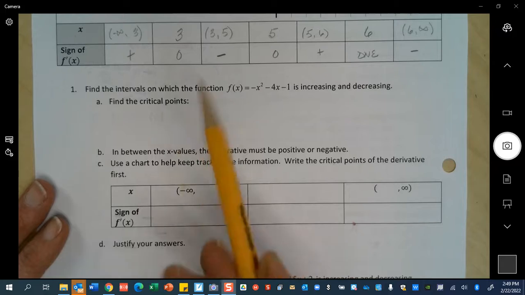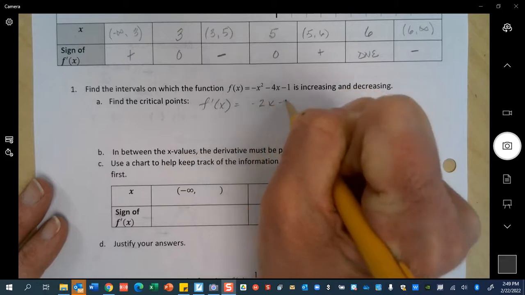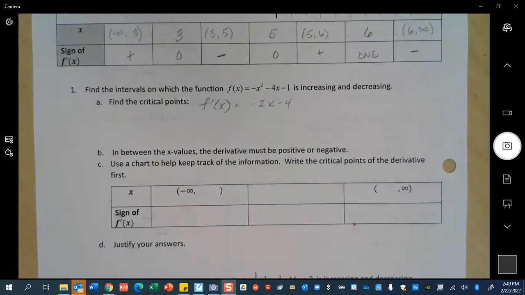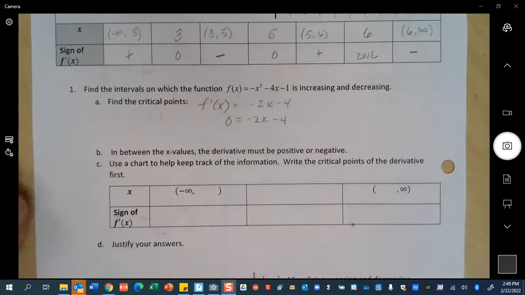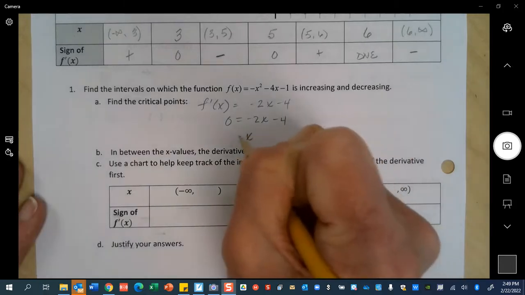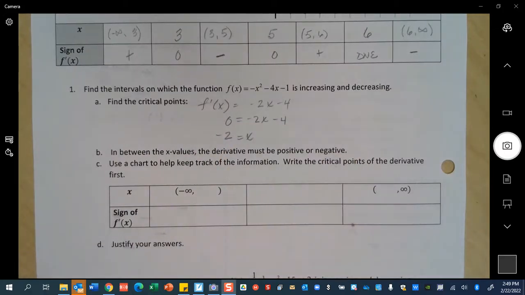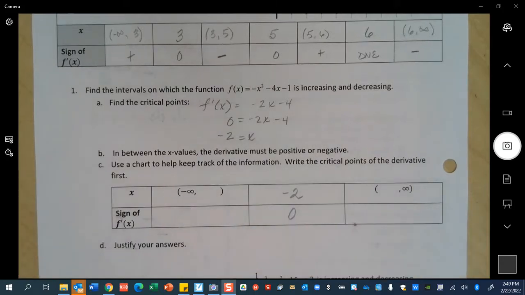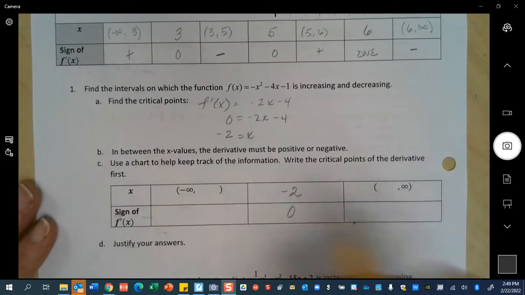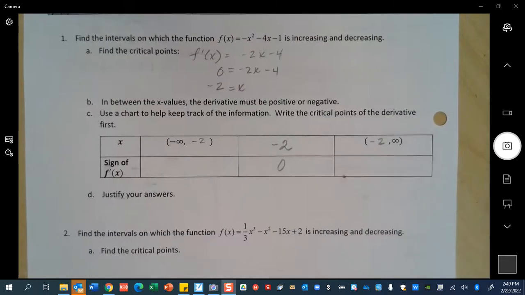When I find my critical points, my first step is to take the derivative, set that derivative equal to 0, and then solve for x. So at x equals negative 2 is where I know I have a critical point. What I care about is the function leading up to negative 2 and coming after negative 2.